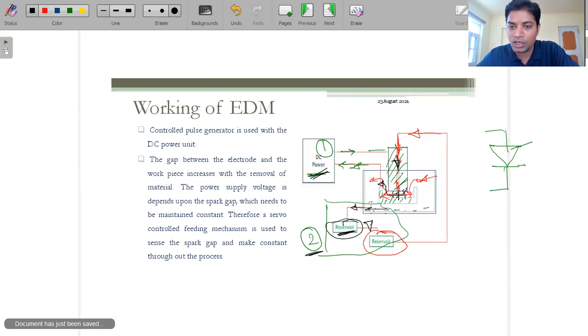So it will carry out the removed material, or we can say create a slurry. Now this slurry moves towards this reservoir.